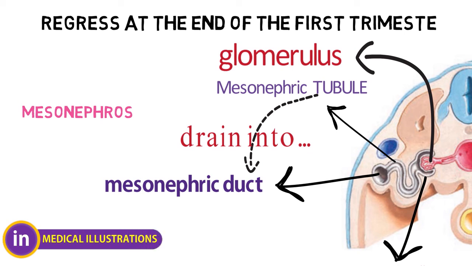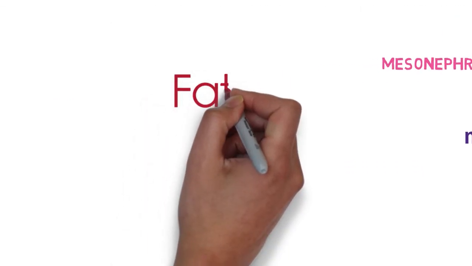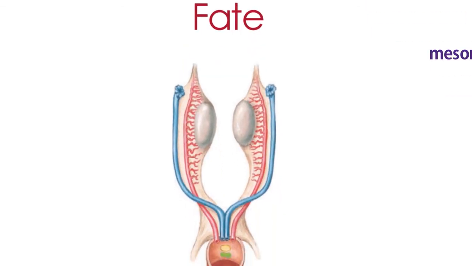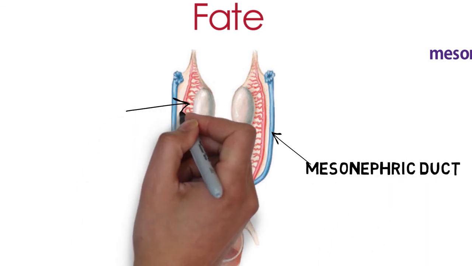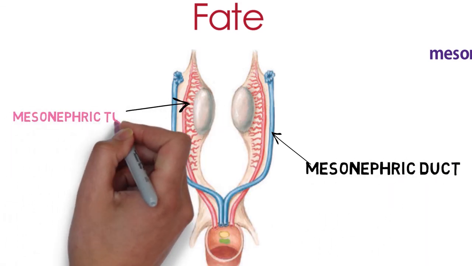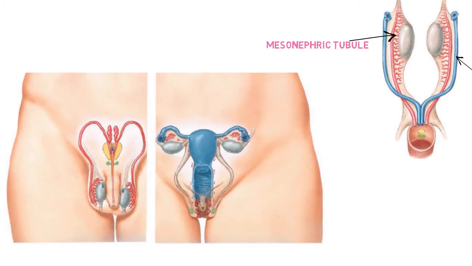So this is all about some major points about the mesonephros. At the end of this illustration, I would like to tell you about the fate of mesonephros. This diagram is a diagram of indifferent gonads. This is the mesonephric duct and these are mesonephric tubules. Now in this diagram you can see the structures drawn in red color.